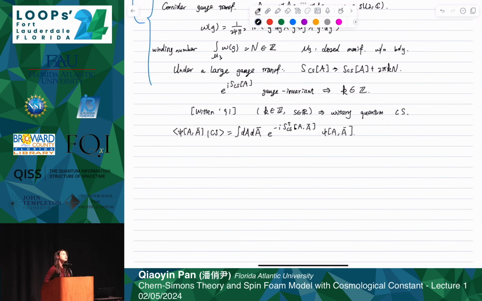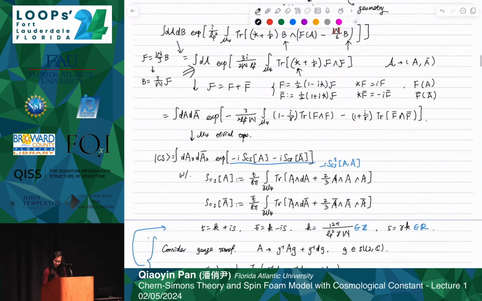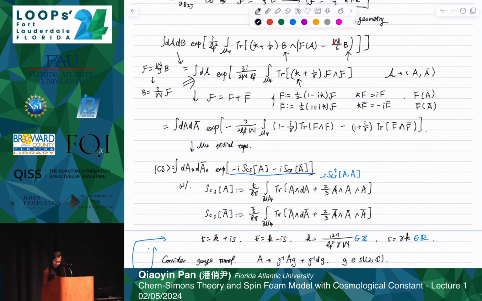Yes, let me finish this line and couple with a state, A bar. Yes, thank you. If you go a little bit up, where you have 1 minus i over gamma, and then Chern-Simons of the self-dual and anti-self-dual parts, you could also write this instead of Chern-Simons as a Gauss-Bonnet term, right?